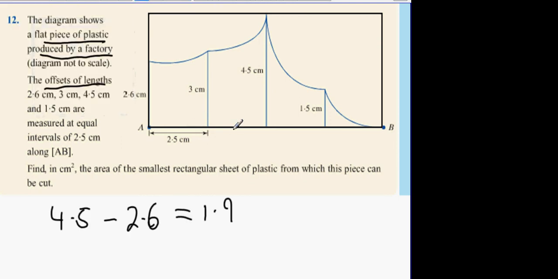It's 2.5 plus 2.5 plus another 2.5 plus another 2.5. This means from here to here is 10. The top part is 4.5, so from here to here, 4.5. It's 4.5 up and 10 across. What's 4.5 multiplied by 10? 45 centimeters squared, and that's the answer for my rectangle.